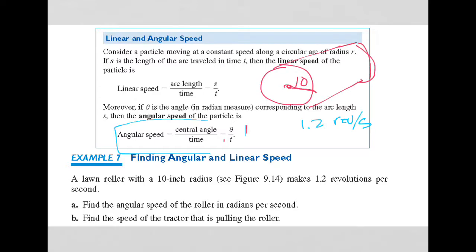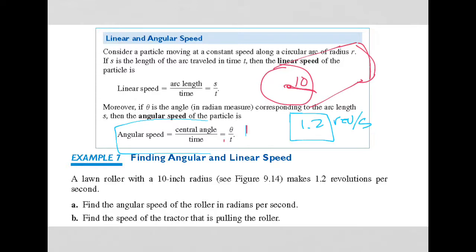Well, to figure out the angular speed, we need to figure out what that central angle is. Well, we know that it is doing 1.2 revolutions, and so that central angle is going to be 1.2, 120% of a full revolution.